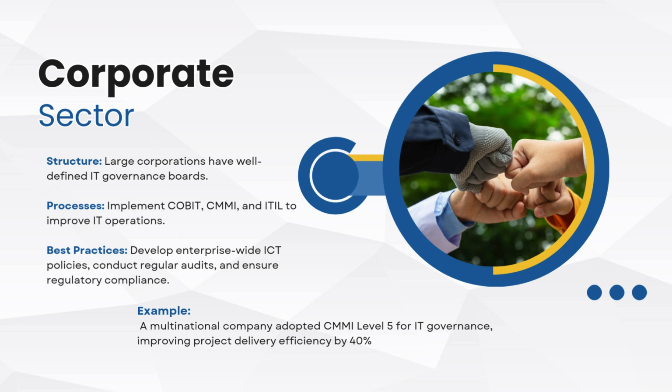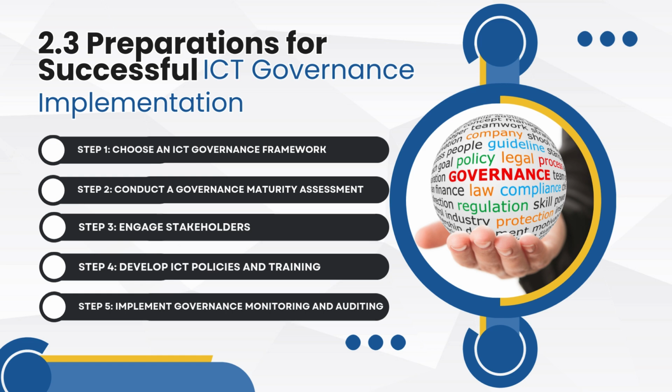Best practices: they develop enterprise-wide ICT policies, conduct regular audits, and ensure regulatory compliance. An example for the corporate sector is a multinational company that adopted CMMI Level 5 for IT governance, and they improved project delivery efficiency by 40%.